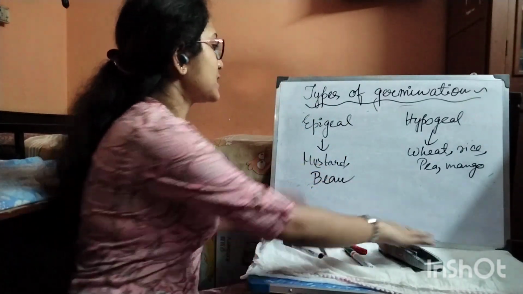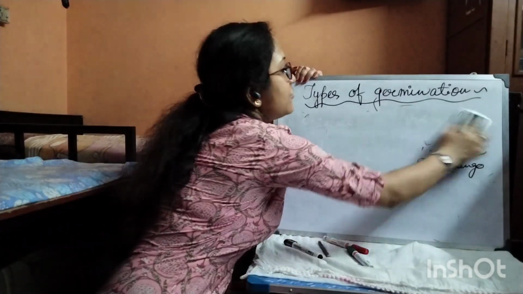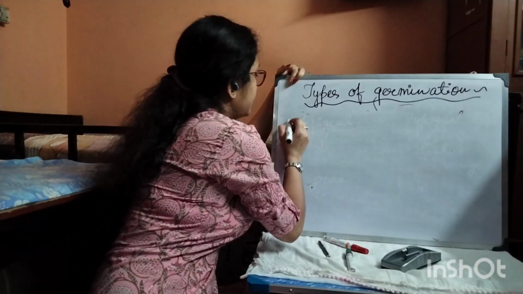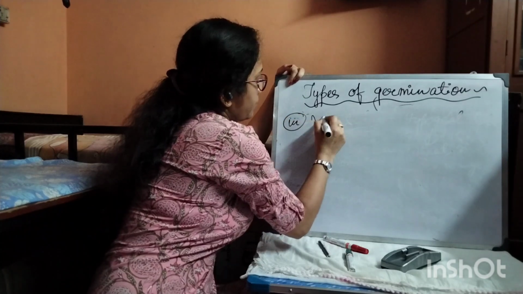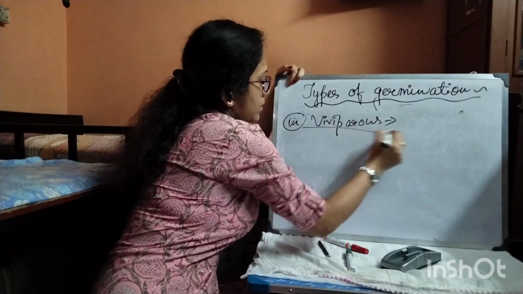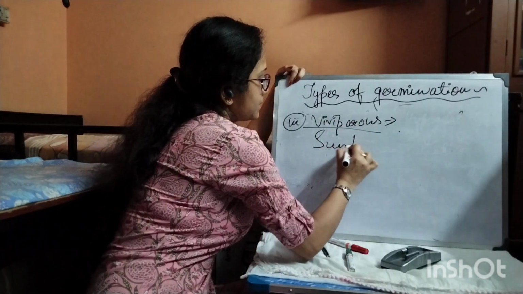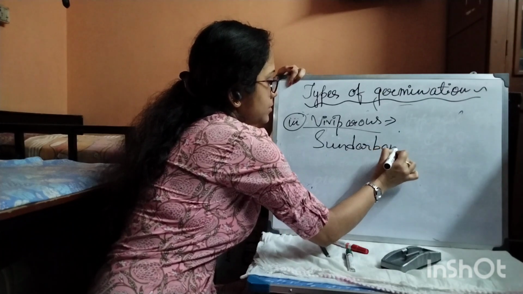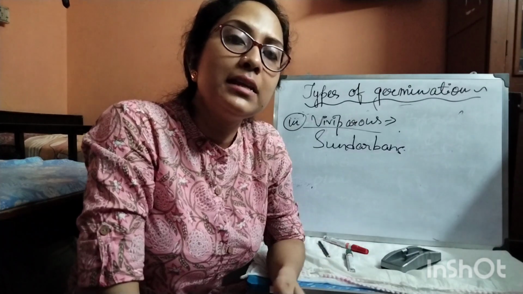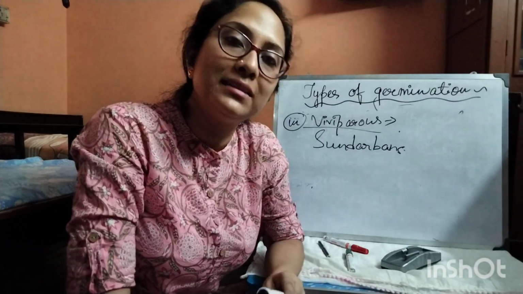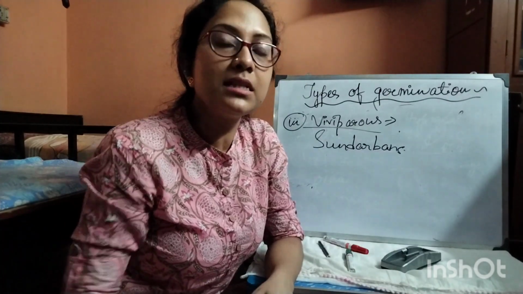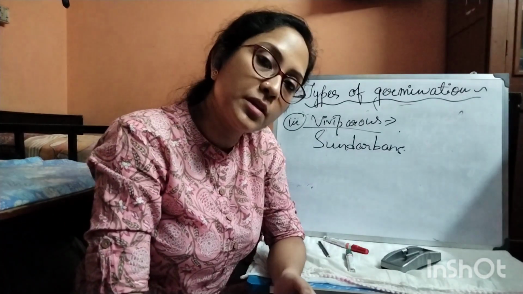Let's come to the next part, which is viviparous germination. It is seen in the Sundarbans region or Sundarban reserve forest. When the seed remains inside the fruit and attached to the mother plant, and in that situation the seed starts germinating, it is termed viviparous germination.